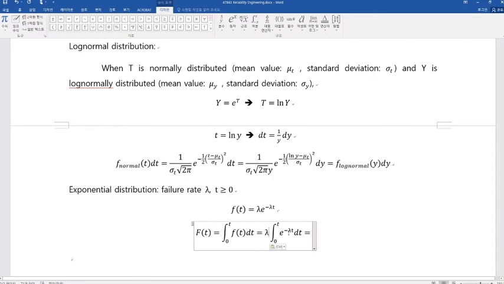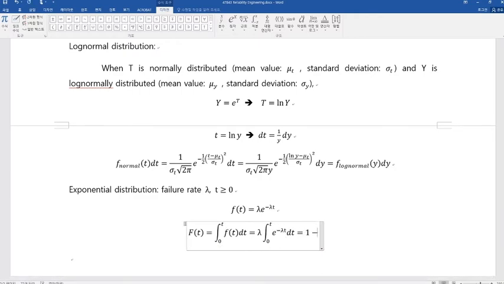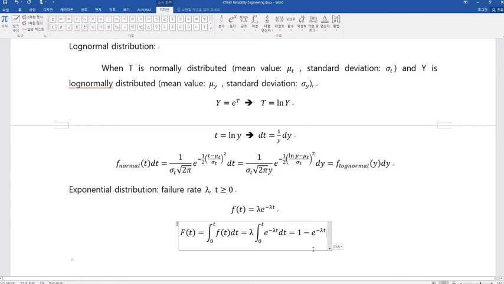But when we integrate this function, this lambda will be cancelled out with the 1 over lambda that is produced from the integration. So this will be the same as 1 minus exponential of minus lambda t.